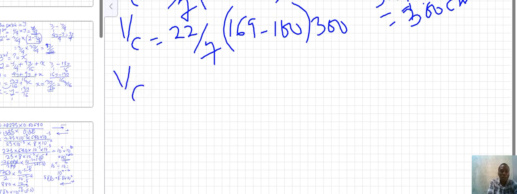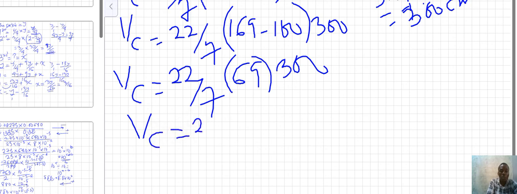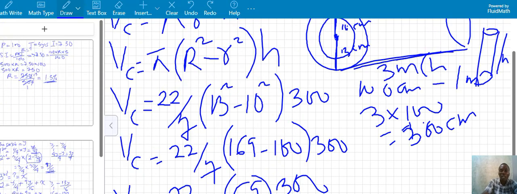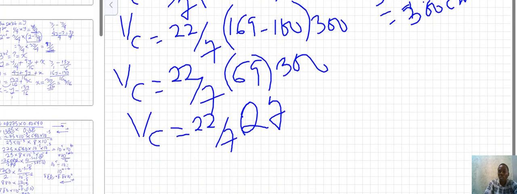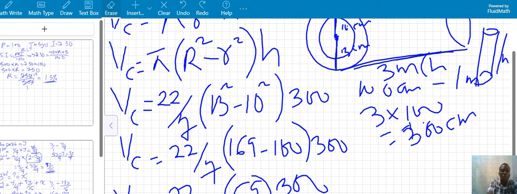So this V will now give us 22 over 7 into bracket, this minus this will give us 69, times 300. So V will be equal to 22 over 7 times, this times this will give us 27, that times 69 times 300.